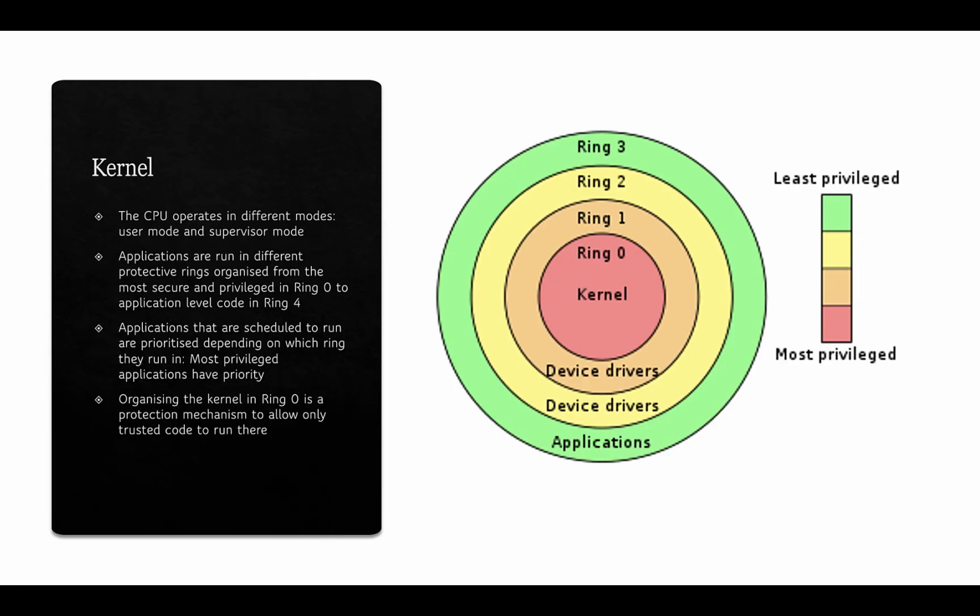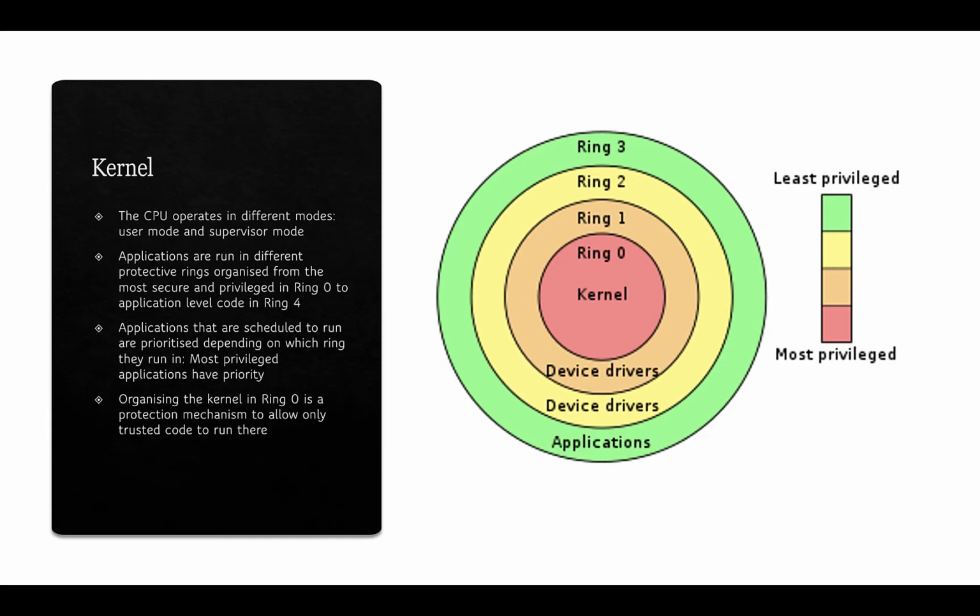As part of the operating system, there is a kernel, and the kernel is essentially the privileged mode of certain applications that run and control all of the functions that we outlined before. So the CPU operates in different modes, user mode and supervisor mode.